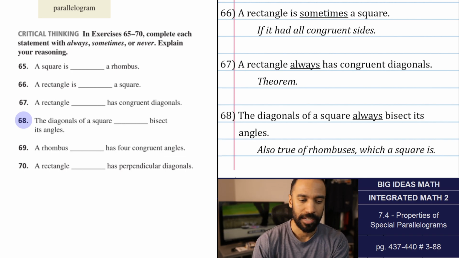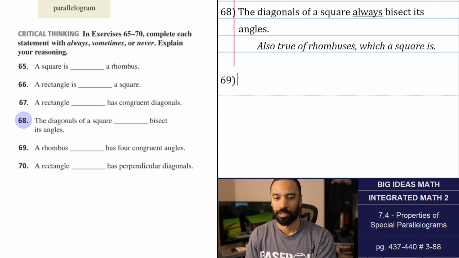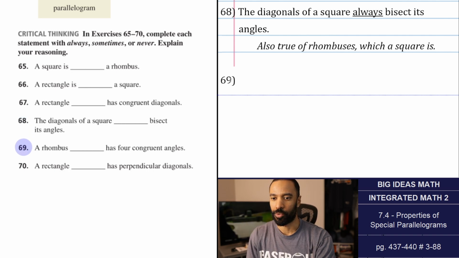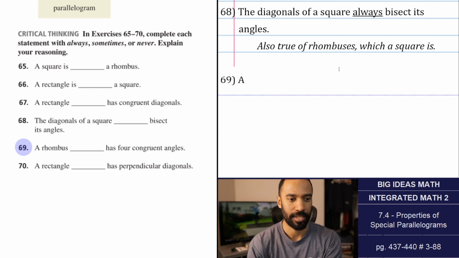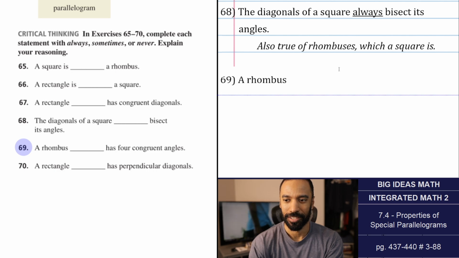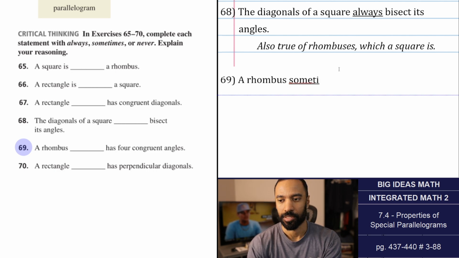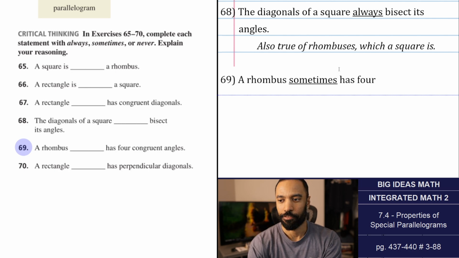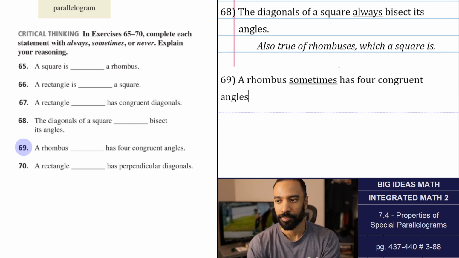Number 69, two more. A rhombus blank has four congruent angles. Sometimes.